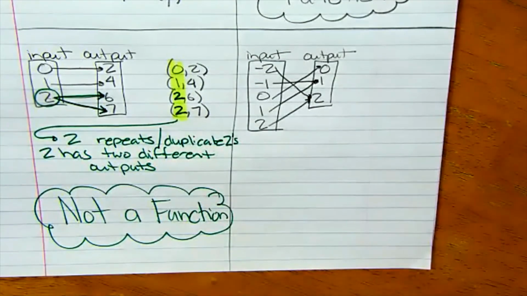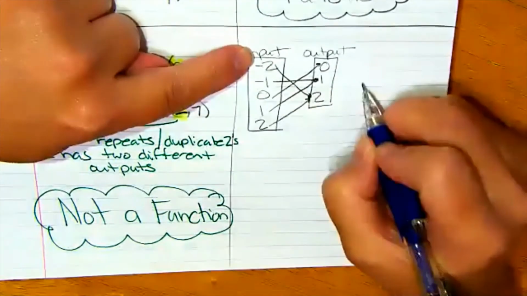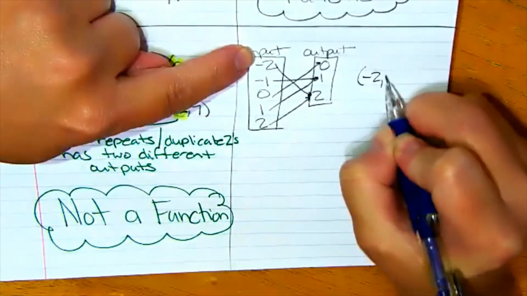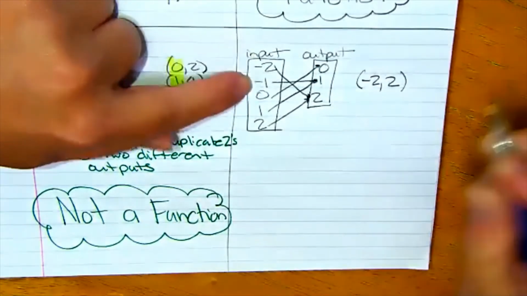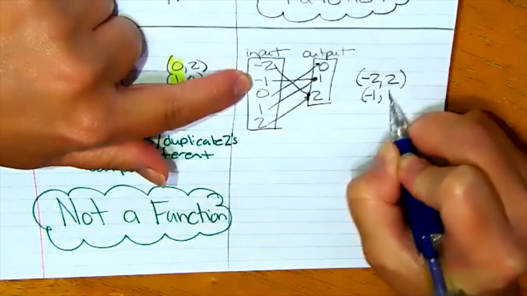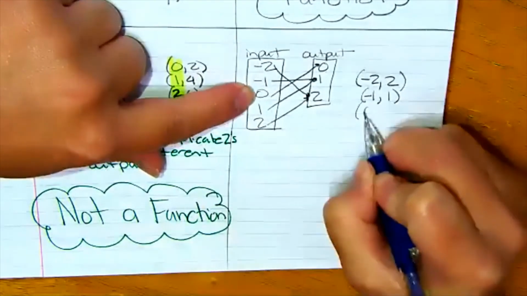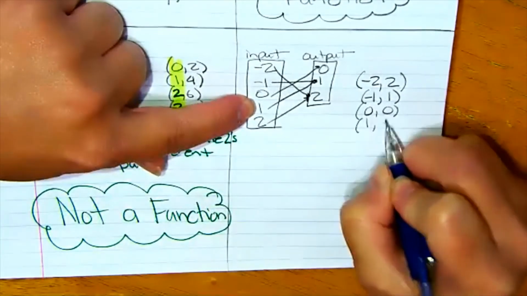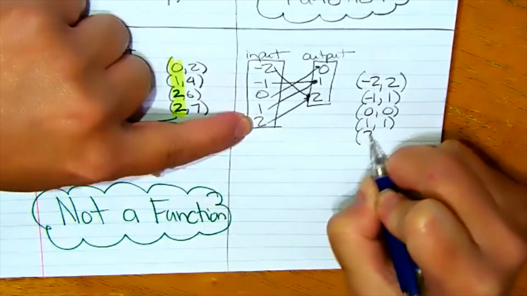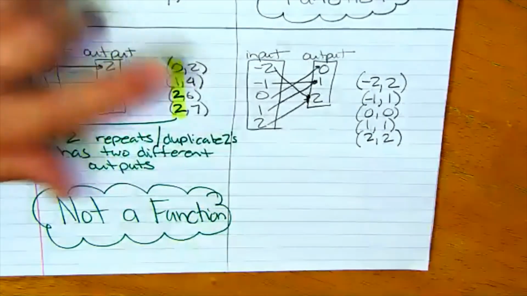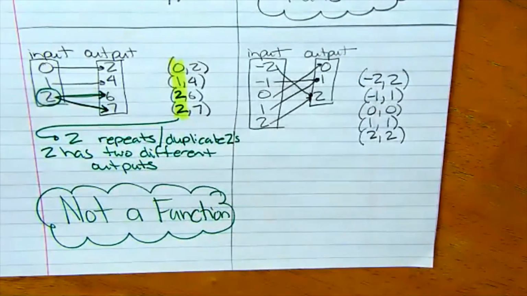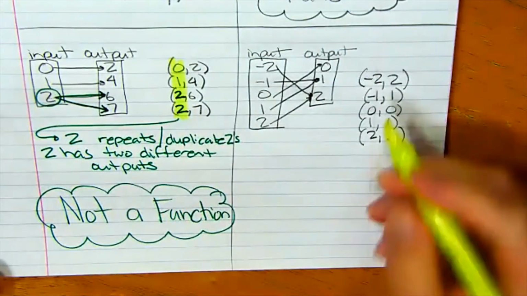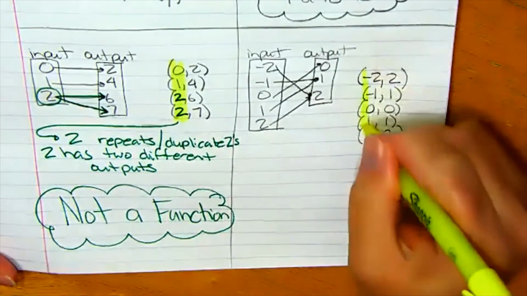Okay, so the first thing we need to do is create our ordered pairs. So -2, 2. -1, 1. 0, 0. 1, 1, and 2, 2. So I'm going to take a look at my inputs only right here.